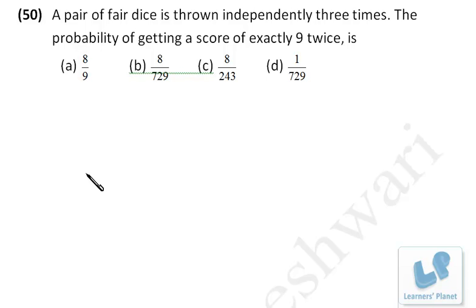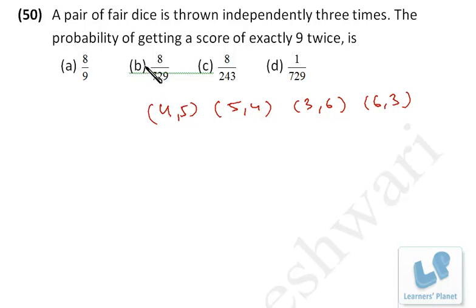Now, a pair of fair dice is thrown independently 3 times. The probability of getting a score of exactly 9 twice. So we want 9 to be 2 times, right? Now, how many chances are there of getting 9? So how many combinations give 9? It's 4,5; 5,4; 3,6; and 6,3, right?